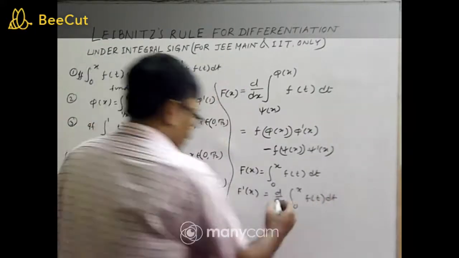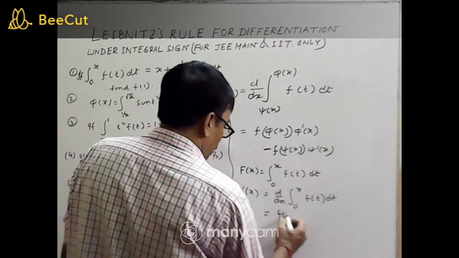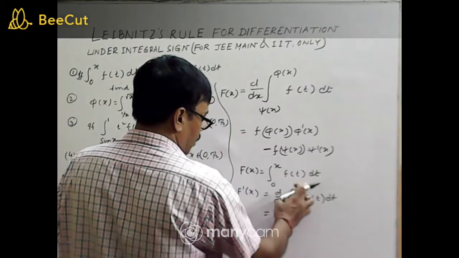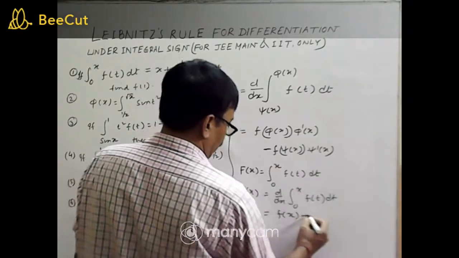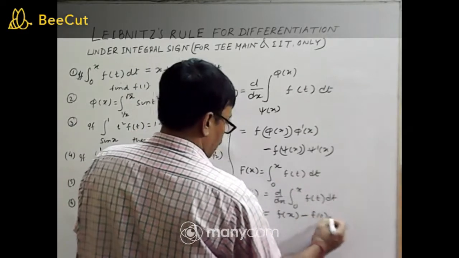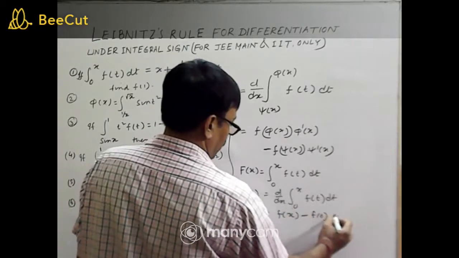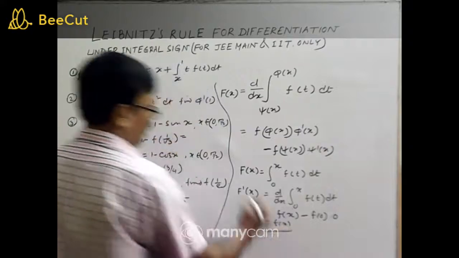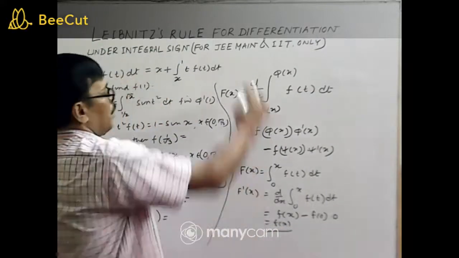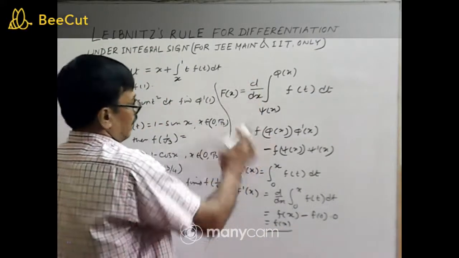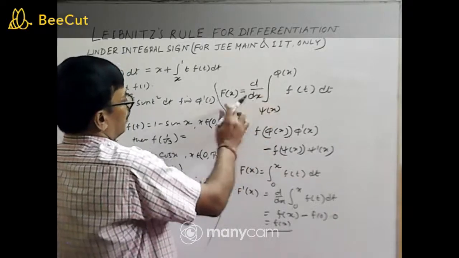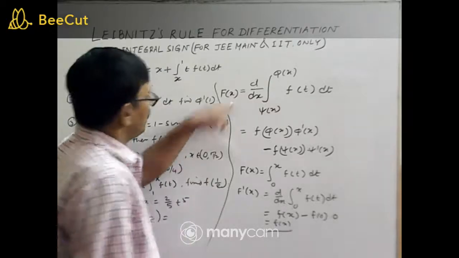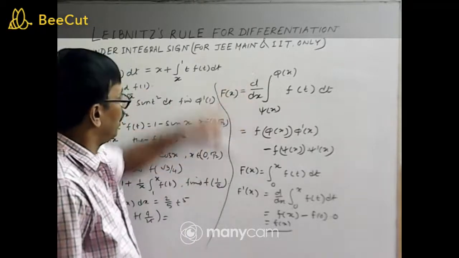This is f of the upper limit times the derivative of the upper limit, which is 1, minus f of 0 times the derivative of the lower limit, which is 0. So this is f(x). It is a particular case.